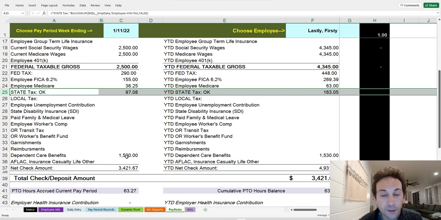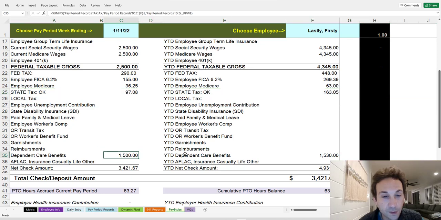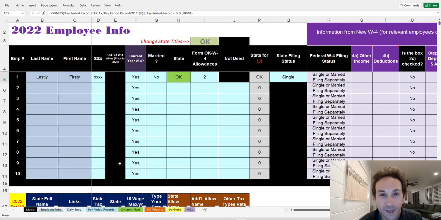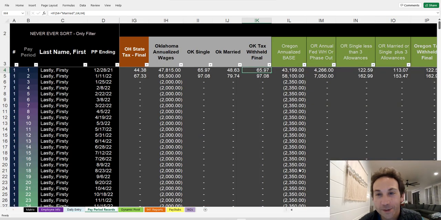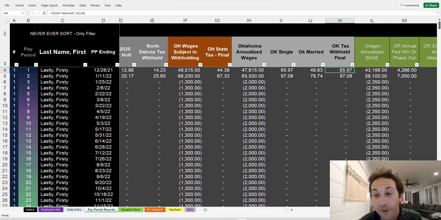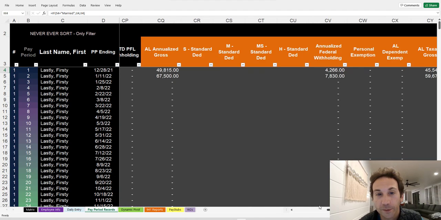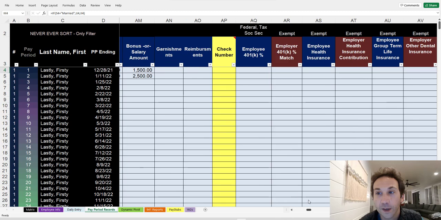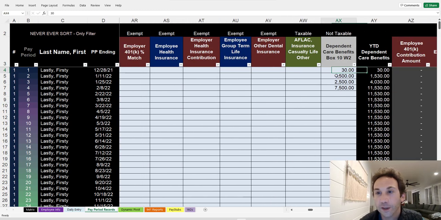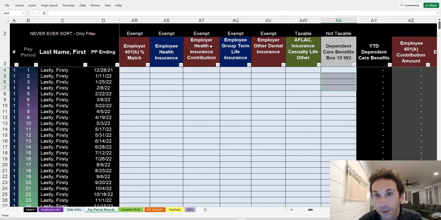We've got dependent care benefits also that is now added into this file. I forgot I put that in there. That's over here to the right. That's in another video I did. But dependent care benefits actually got raised at the end of 2021. So if you do have to pay for child care expenses and things that qualify, that's hanging out over here, and that can be tax-free reimbursement essentially for those expenses.